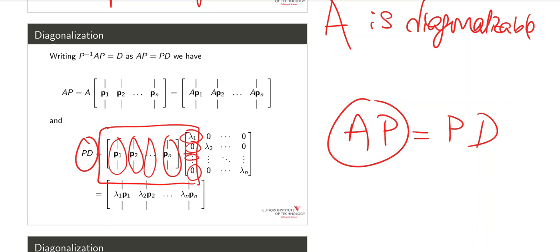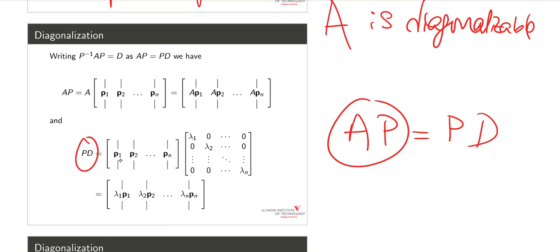So the first column of PD is lambda 1 P1. Same thing, the second column is lambda 2 P2. So PD gives you a matrix that looks like this.